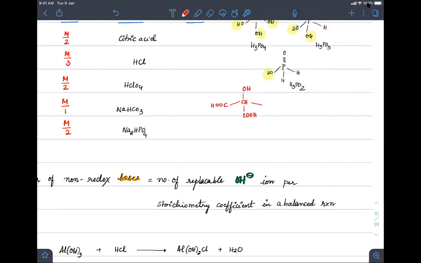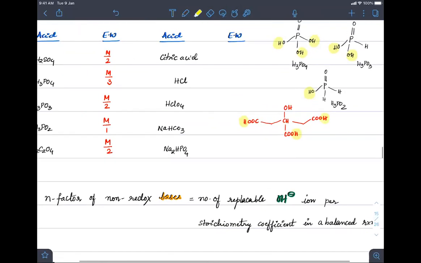Sorry, I forgot one methyl is present in between them, like this. So you can see there are 3 COOH groups present on it. Here, this hydrogen is polarized, as well as this hydrogen and this hydrogen. So all these 3 hydrogens can be replaced. So we can say citric acid is M by 3.